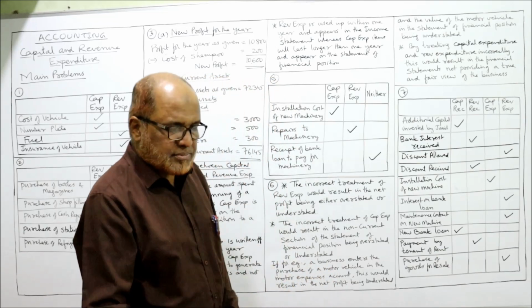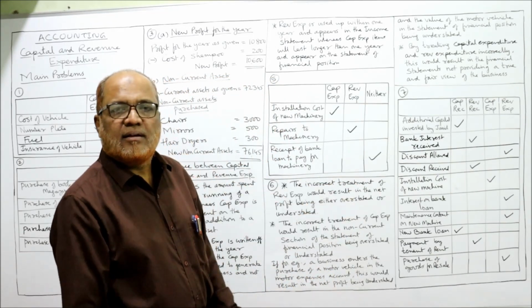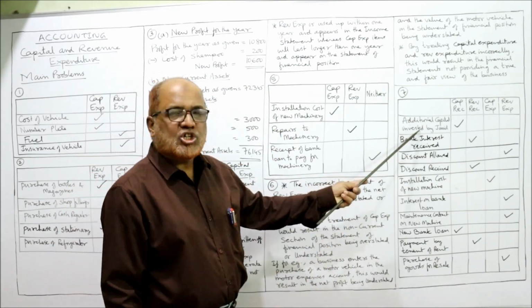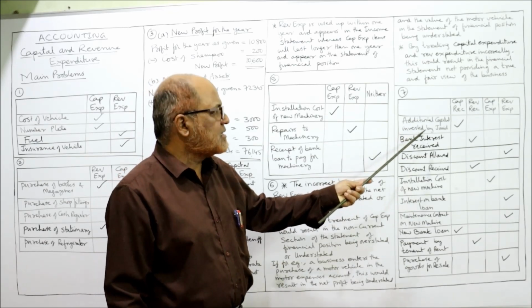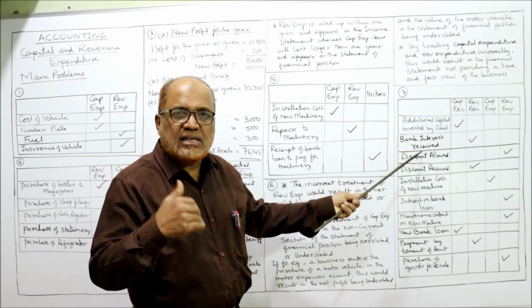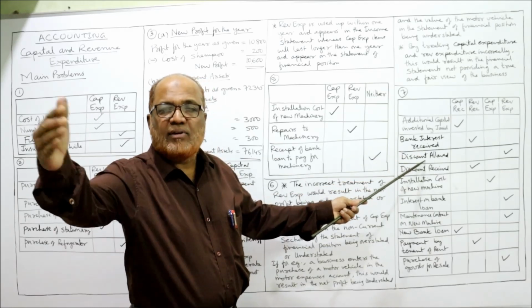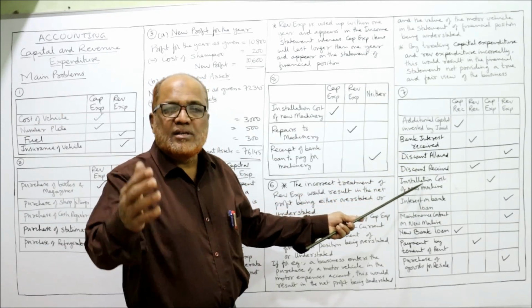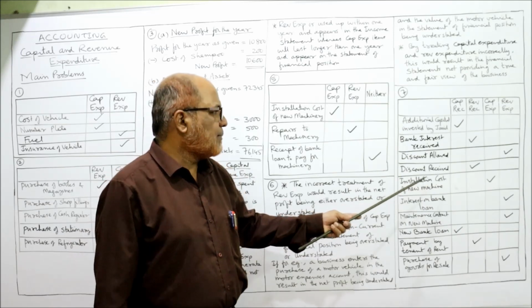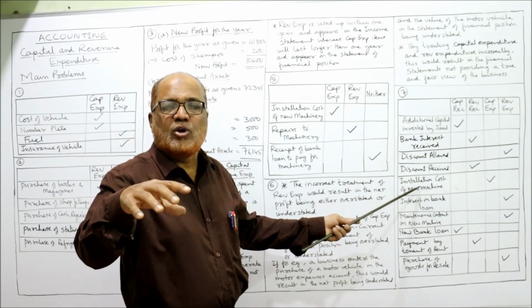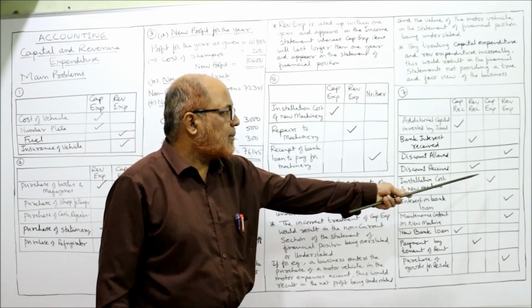So I have put the tick mark for all the items. Additional capital invested is a capital receipt. Bank interest received is a revenue receipt. Discount allowed is a revenue expenditure. Discount received is a revenue receipt. Installation cost of a new machine is a capital expenditure.